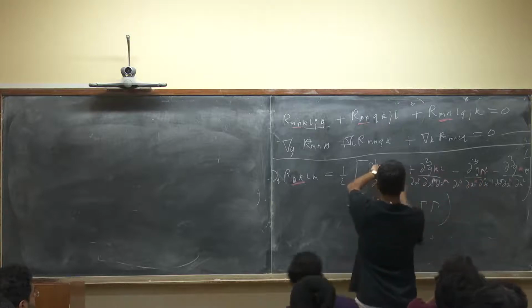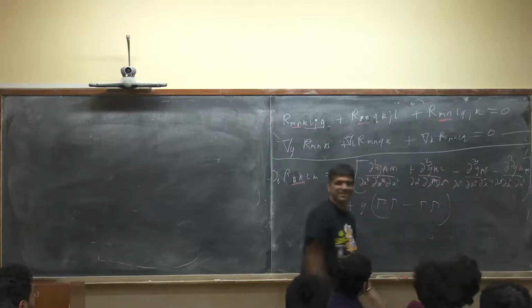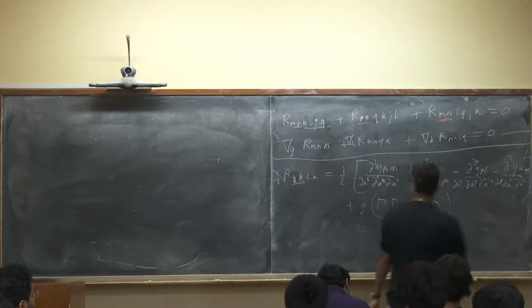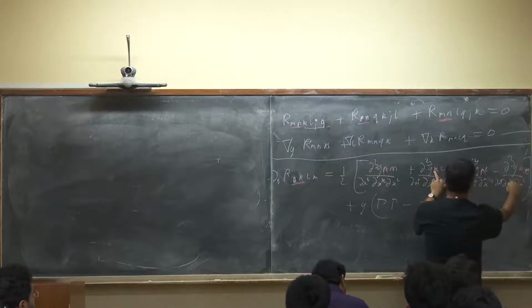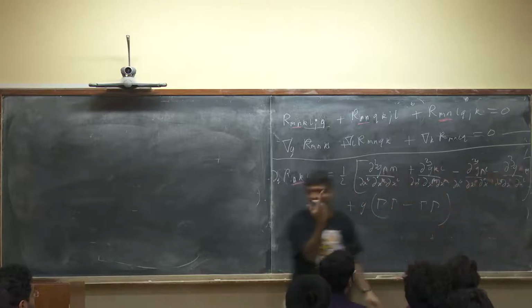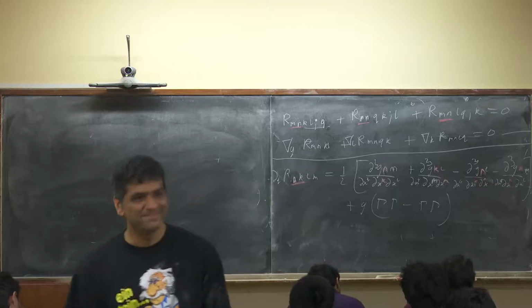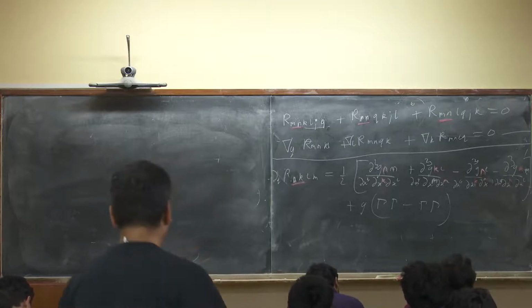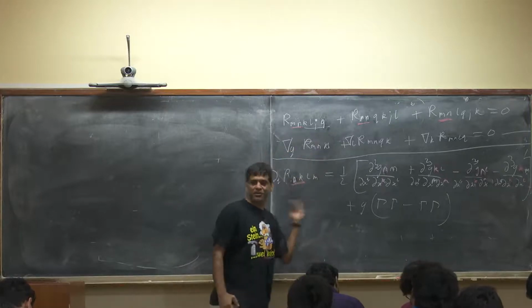But M, Q, L, L, Q, M, the cyclic sum of these two cancel each other. Similarly, this term has a K and an N frozen here. The cyclic sum of these two cancel each other. Is this clear? Okay. So in this coordinate system, this identity was trivial to verify.